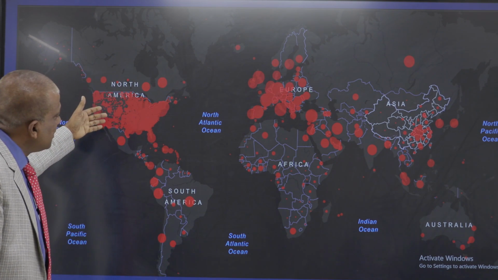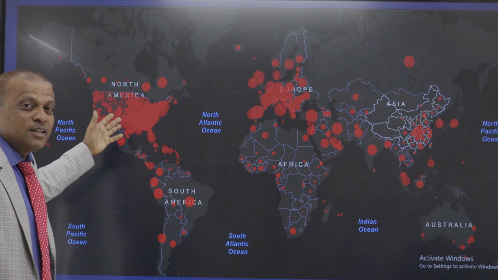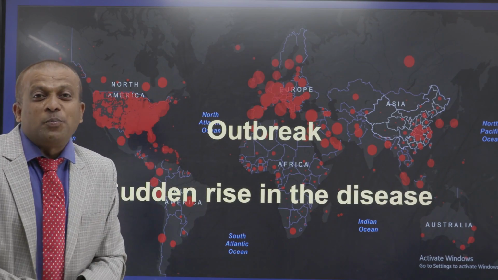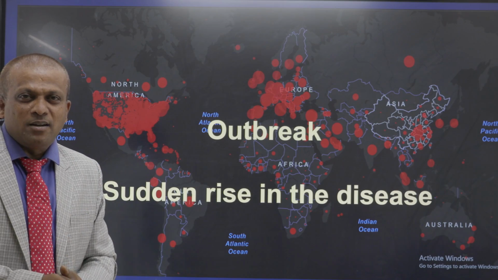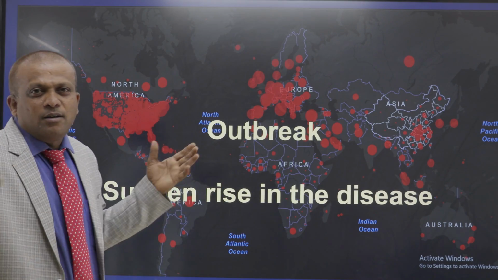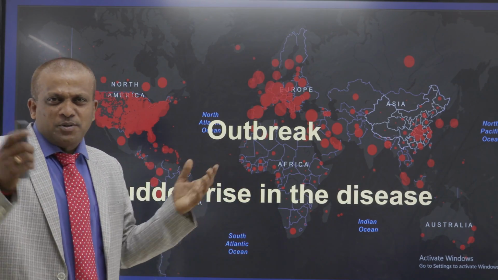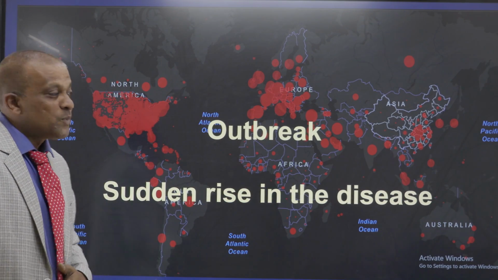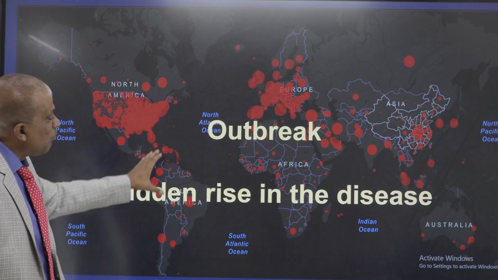Here you can see the huge spread, sudden rise, and that sudden rise is nothing but outbreak. This word is being hugely used in television news, newspapers and all the media. So, outbreak is the sudden rise in the disease that we can see here.